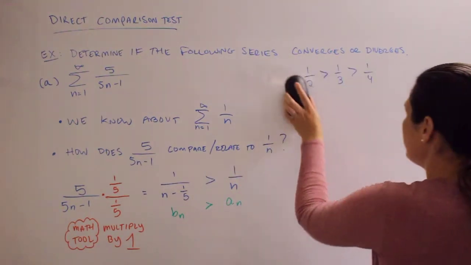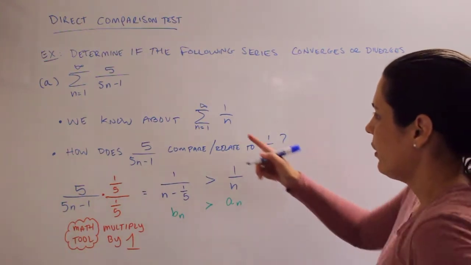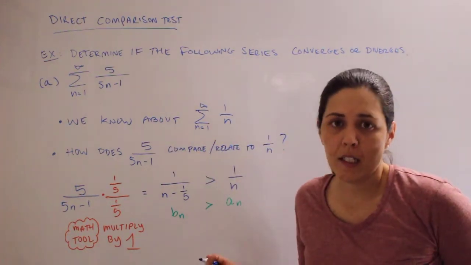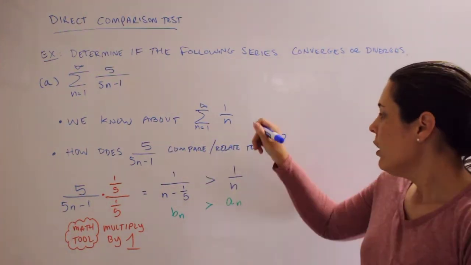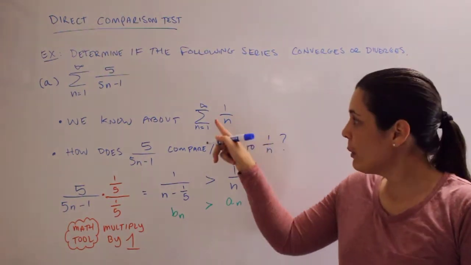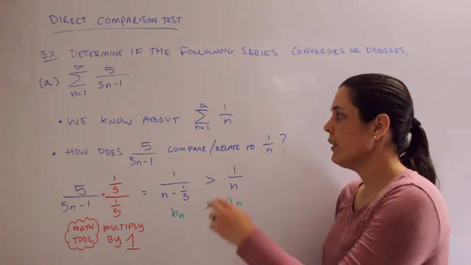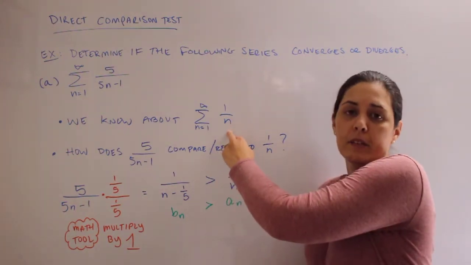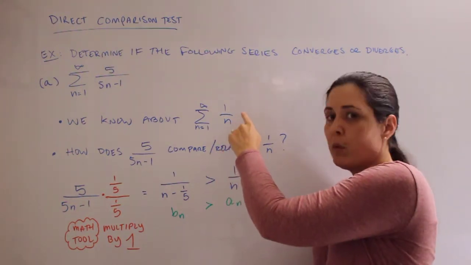Okay, so let's erase this. Back here I said we know something about that. Let's recall what we know. In the previous section, this was a p series, but if you remember specifically, this was the harmonic series, when p is invisible 1.